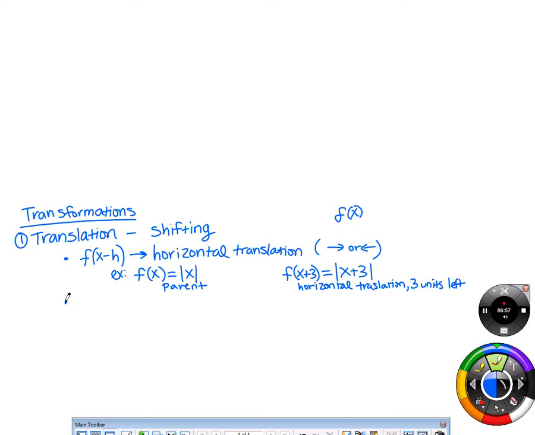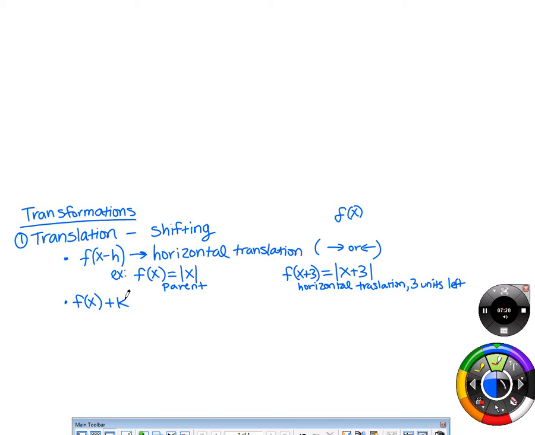Within the absolute value or after that calculation was done? After that calculation was done. So the notation would look a little bit different. You would have your parent function, and you would still do the absolute value the way that you always did. And then after that part of it was done, you would then add your k value. So see the difference in the notation?